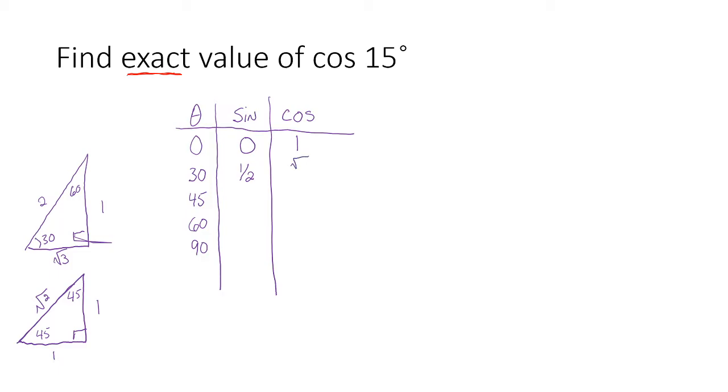The cosine of 30 was square root 3 over 2. 45, it was square root 2 over 2 and square root 2 over 2. The sine of 60 was square root 3 over 2, and the cosine of 60 is 1/2. The sine of 90 is 1, and the cosine of 90 is 0. I get all these from my unit triangles over here. That chart had many more things on it, but these are the ones that would be useful.